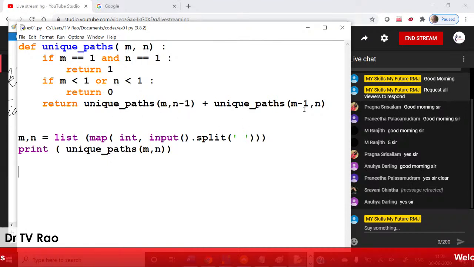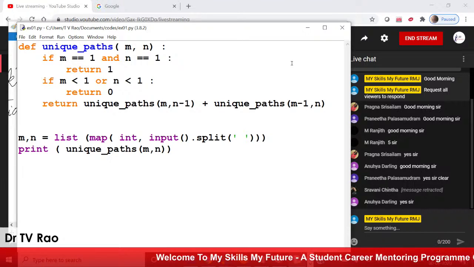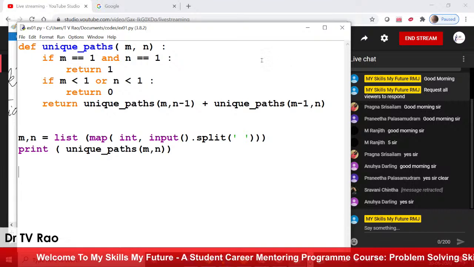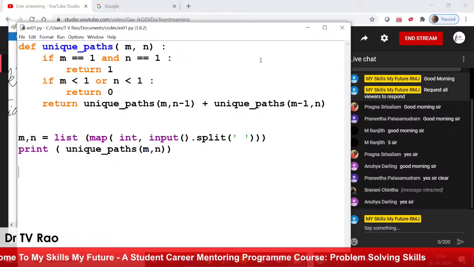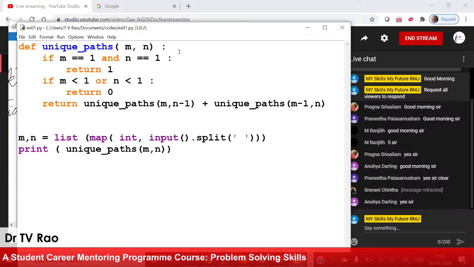Left and this is up. If m equal to 1, n equal to 1, return 1. If m is less than 1 or n is less than 1, return 0. So return unique number of paths.